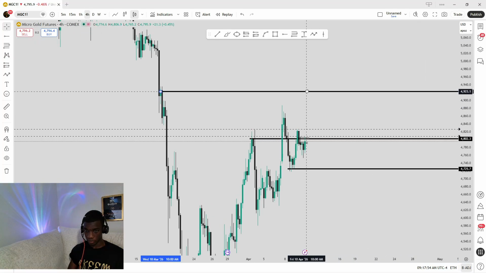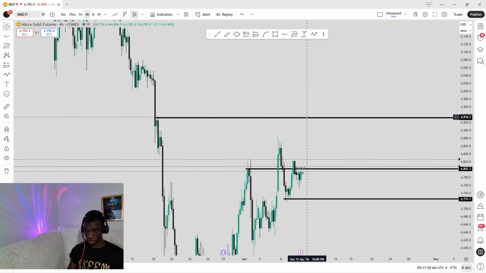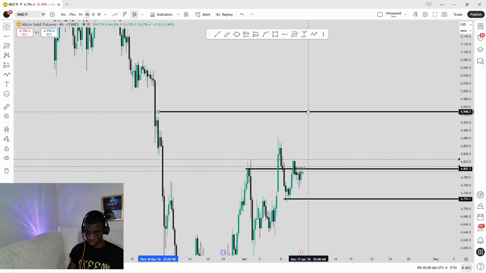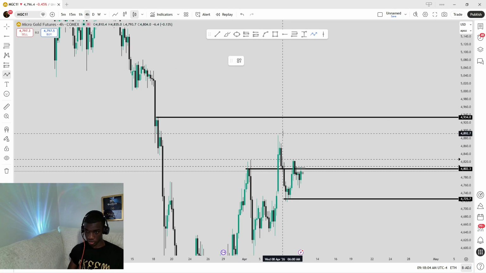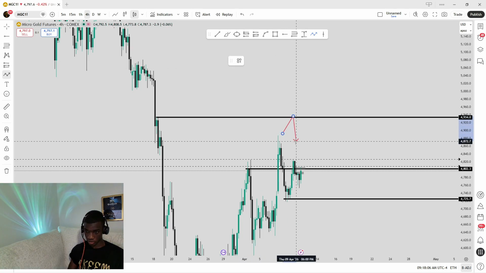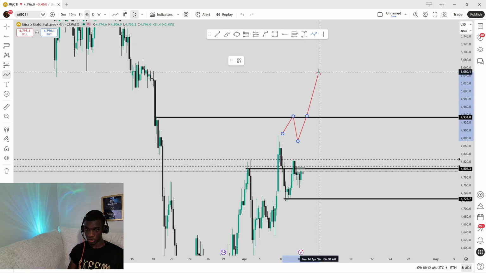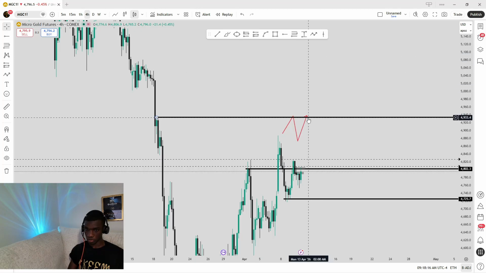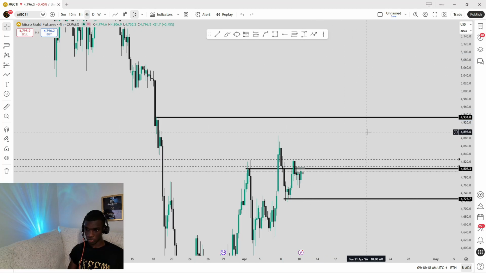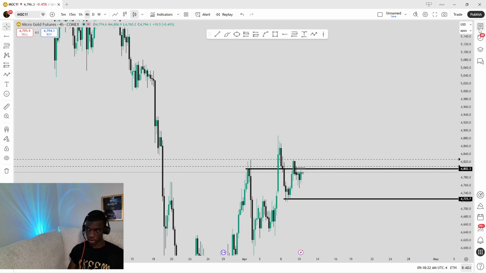So the new high would be where the next sellers are at, or price may come here, do something like this, come back up, come back to this level, and then bam, once more. So let's see what happens.